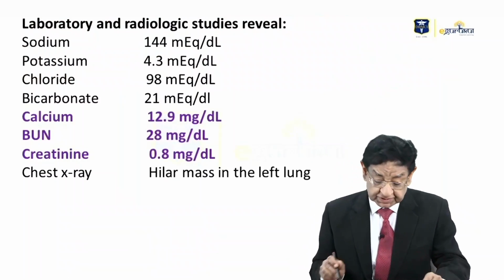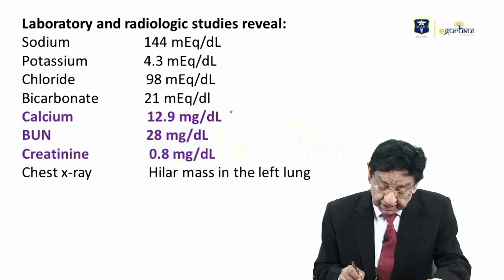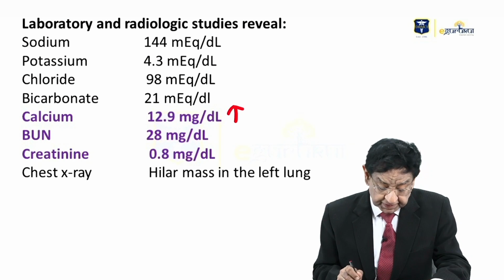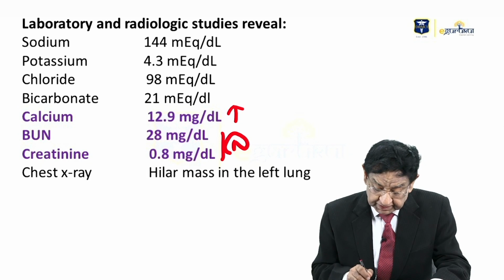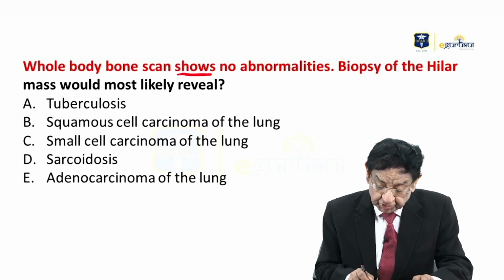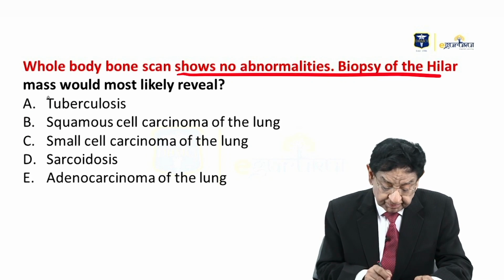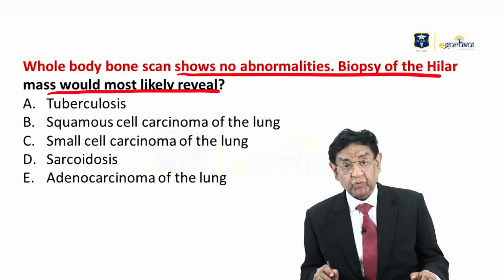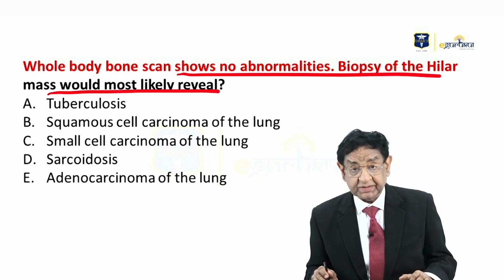Lab reports show hypercalcemia, and the others are in the normal range. There is a hilar mass in the left lung. Whole body scan shows no abnormality. Biopsy of the hilar mass would likely reveal what? Well, it's a beautiful question.